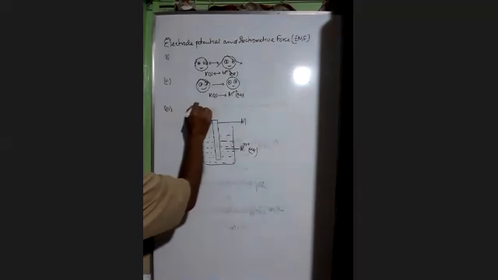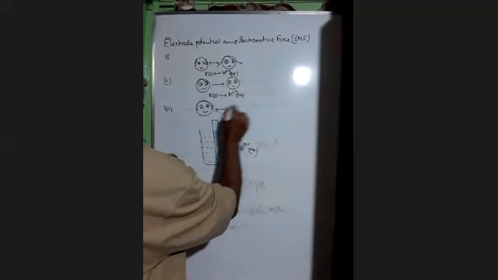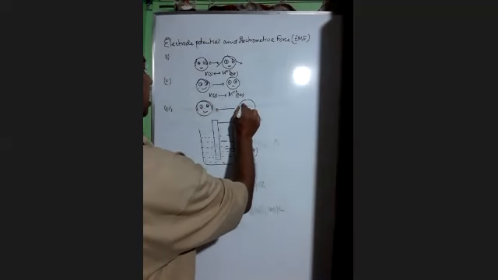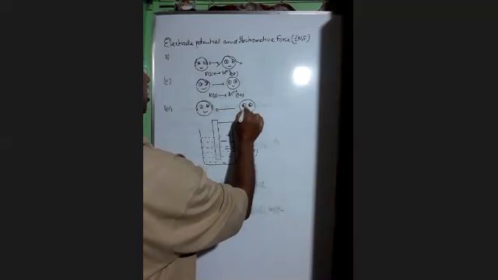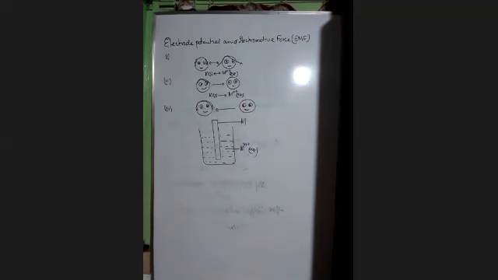And the third possibility is this. You may look at this person. This is also another possibility. So in that case, what happens?